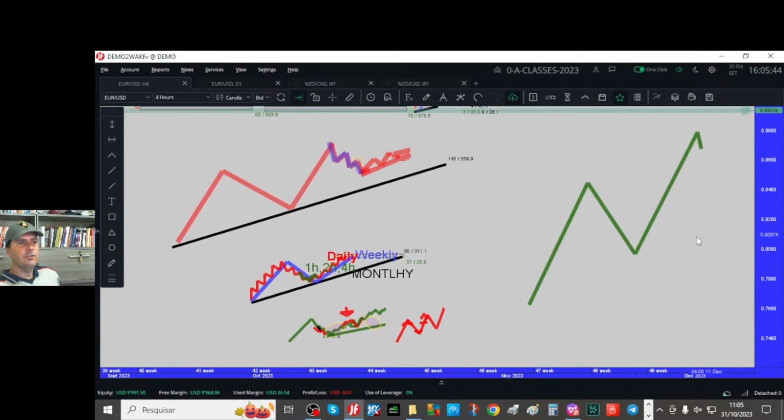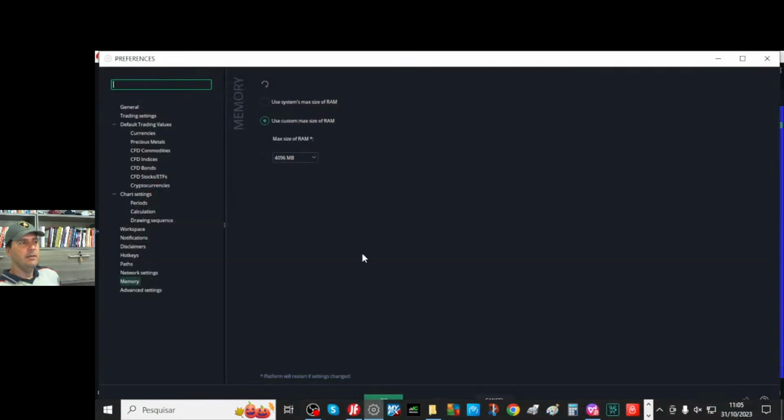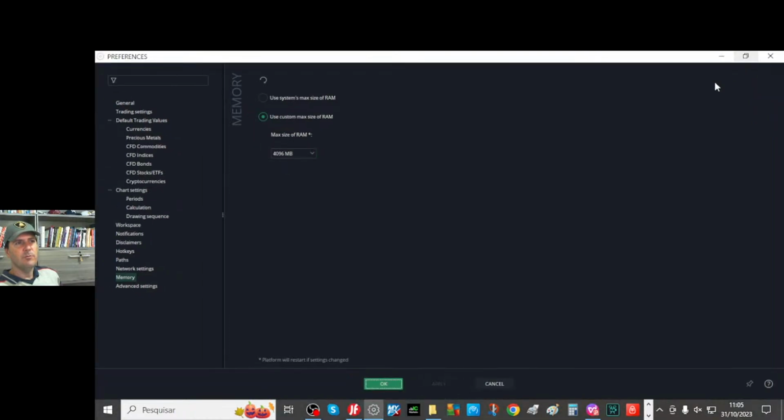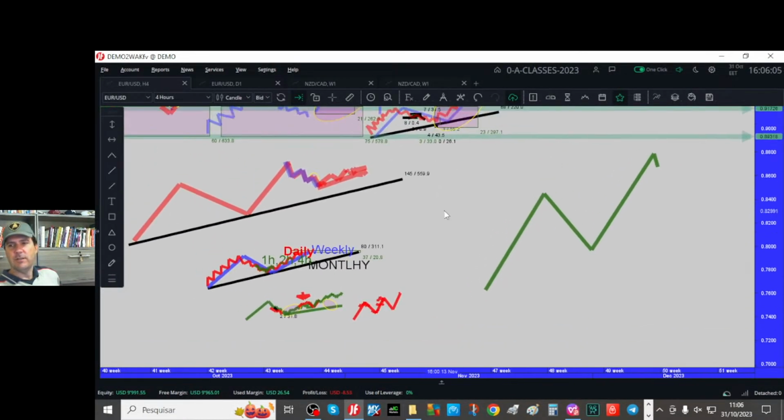Ernesto, if JForex takes a long time to open, is this Java at its max, or is it my computer that has low RAM or a slow processor? What would be the reason? It takes a long time to open a chart.